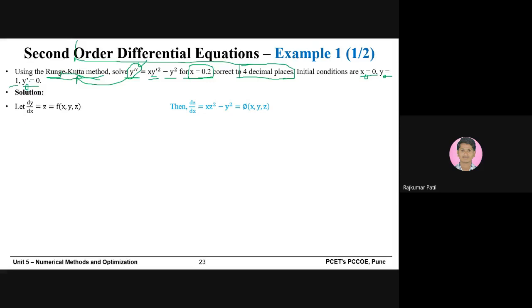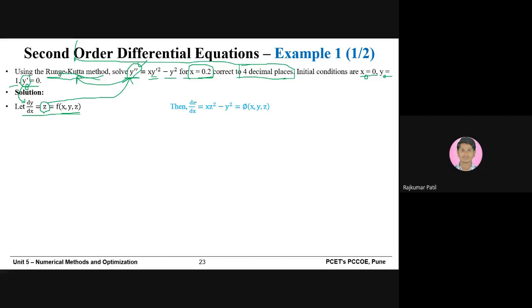So y dash is nothing but dy by dx. So dy by dx, and we are going to replace that term dy by dx by z, which is a function of f, x, y, and z. So dy by dx is equal to z is equal to function of x, y, and z. Then put dy by dx in this equation of y double dash.